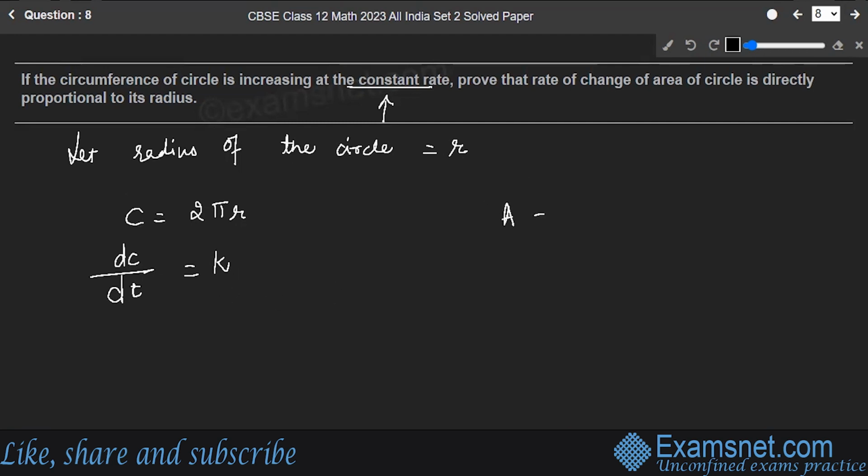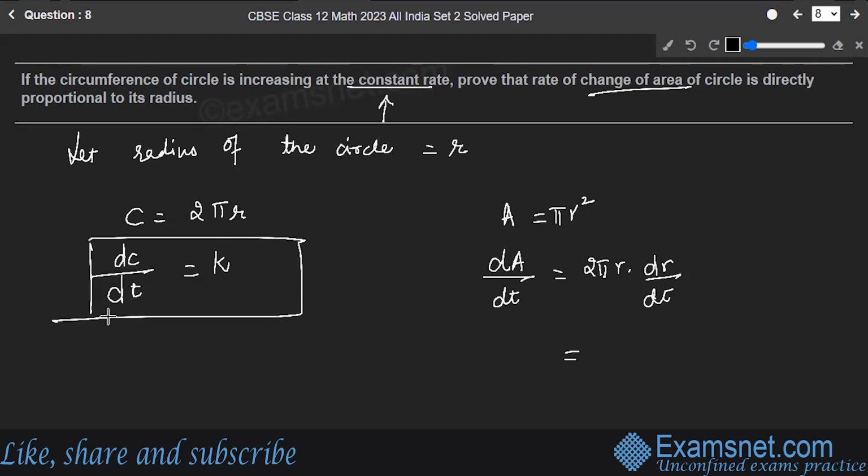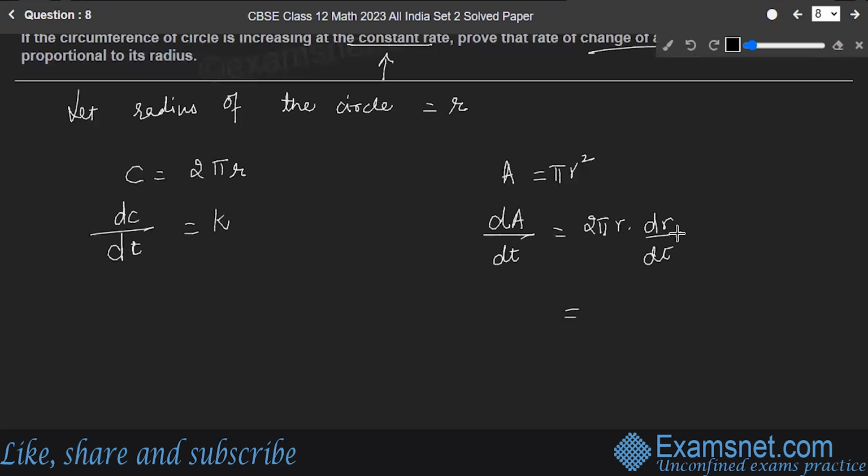Also, the area is being talked about. So the area is given by pi r square. What will be dA upon dt? This will be equal to 2 pi r into dr upon dt, right? From here you have dC upon dt is equal to k. Let's say this is number 1.